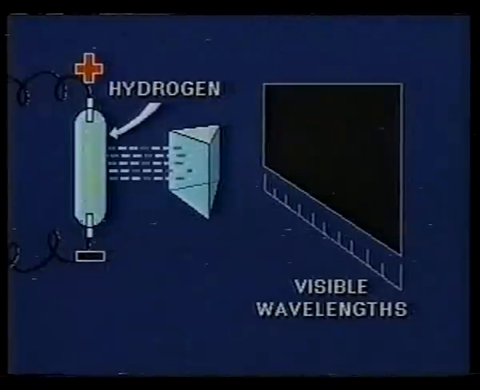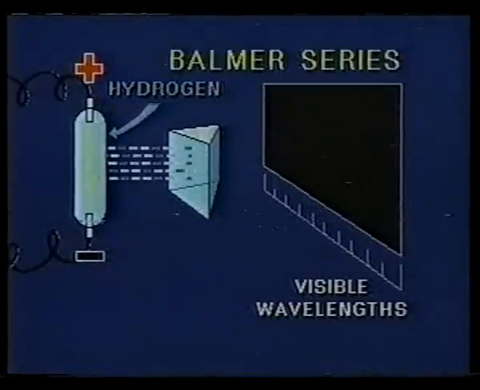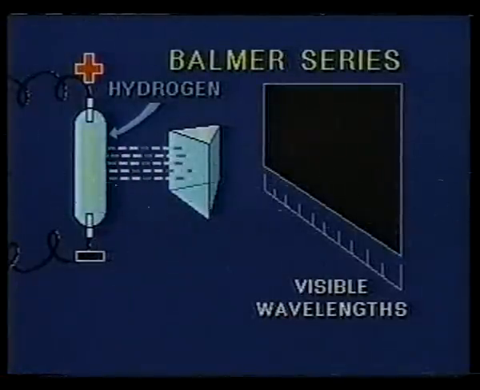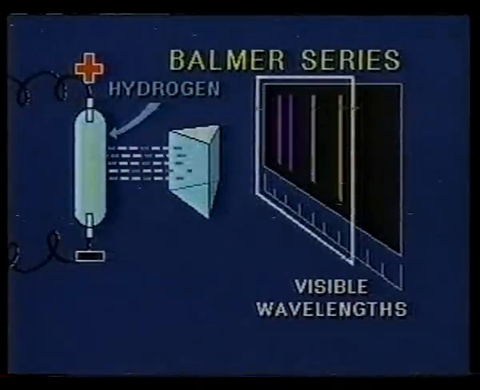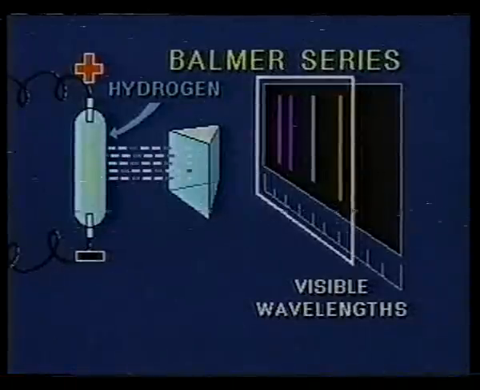In the late 19th century, a Swiss school teacher, Johann Balmer, had observed the spectral lines in the visible region of the spectrum of excited hydrogen gas. What's more, he had developed a formula that correctly predicted these lines.